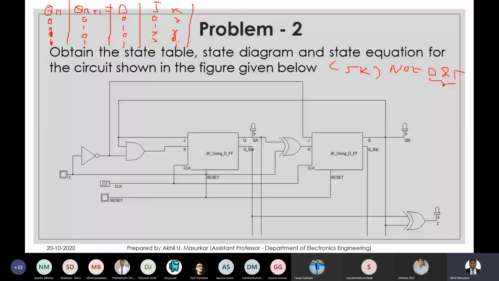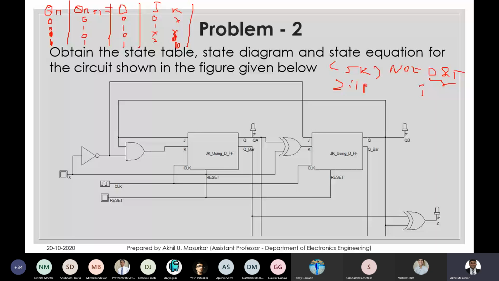So that is something that we have to keep in mind when we are doing the excitation table. We are trying to make the state table using JK flip flop. JK flip flop has got two inputs and D and T has got just one input.